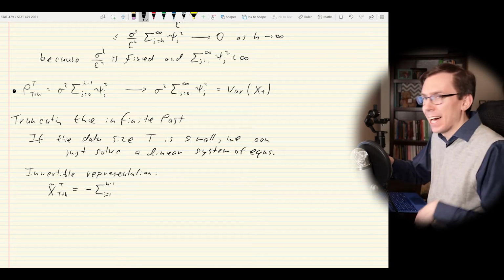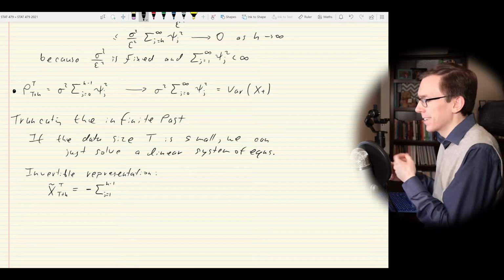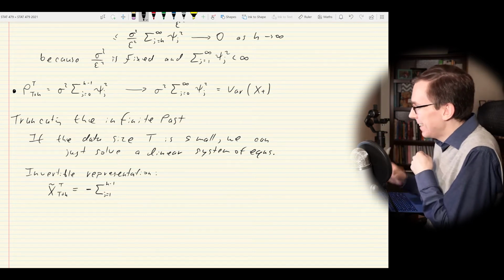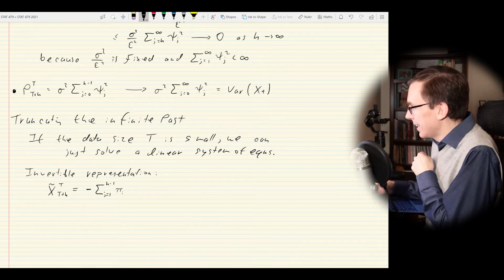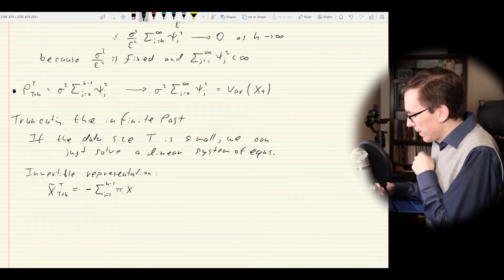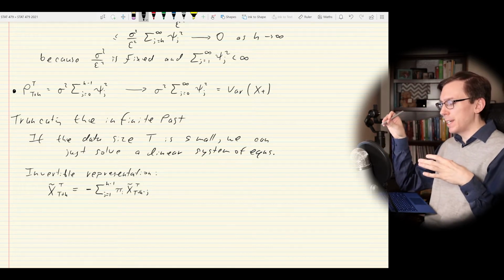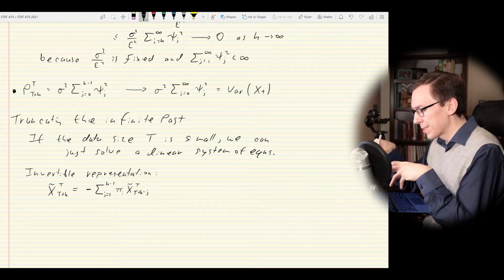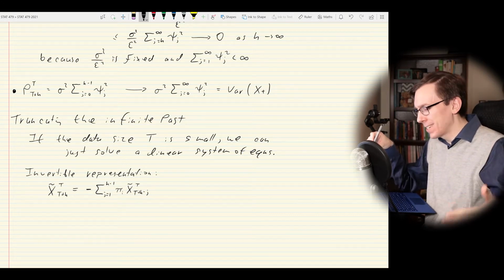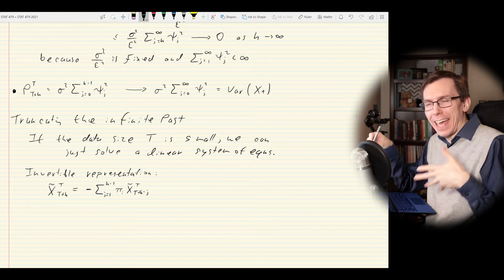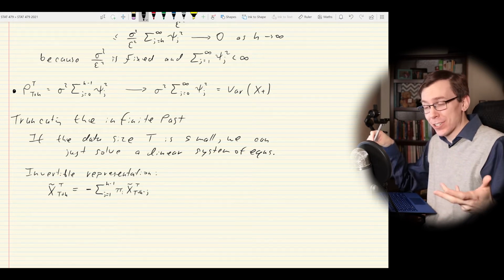These are the things that lie outside of our data set, in the future of our data set. We have our pi j and our x tilde t plus h minus j. So we said this last time, we're going to predict the h step ahead estimator based on the previous estimators, or sorry, predictors, I should say.